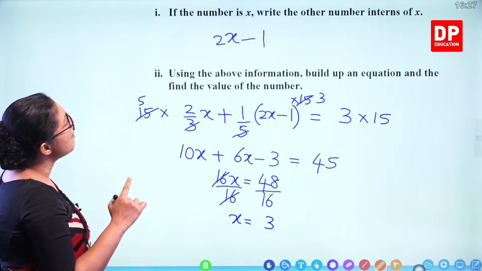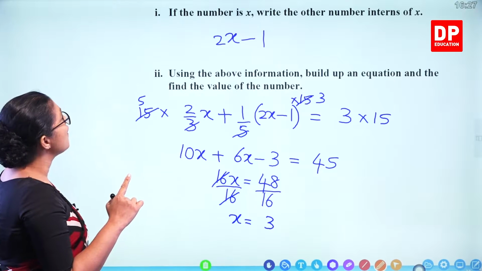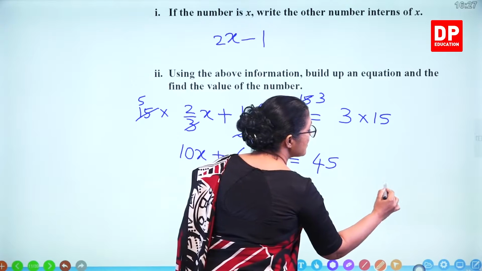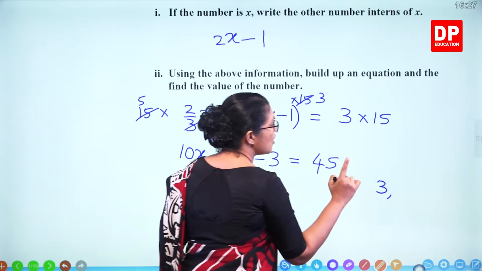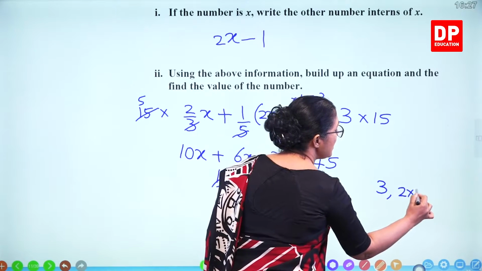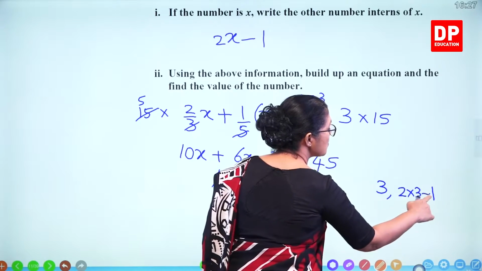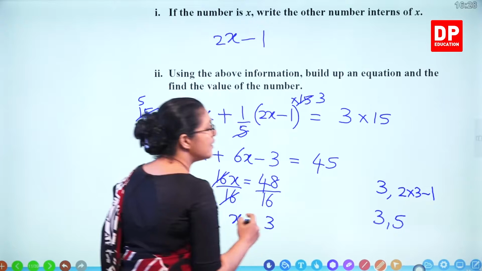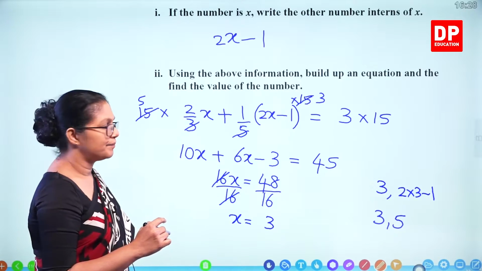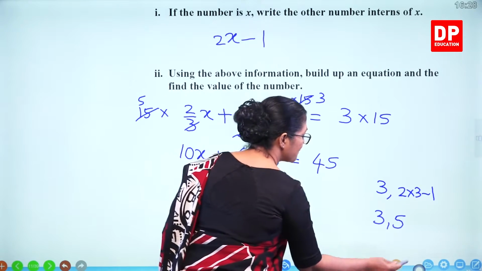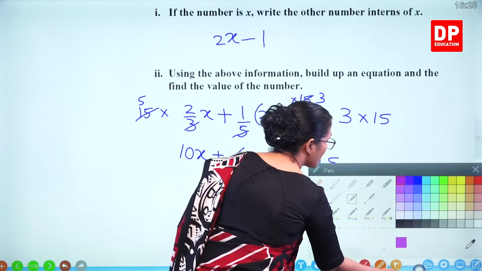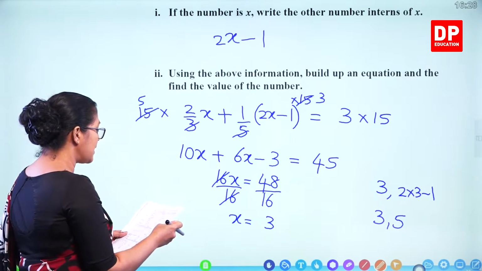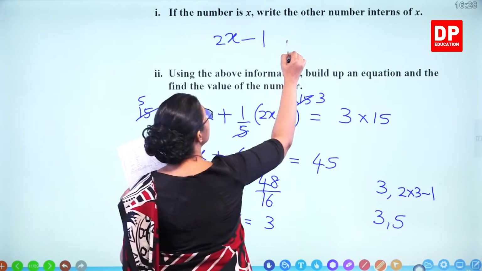So using the above information, build up an equation and find the value of the number. So x is 3. What's the other number? 2 times 3 minus 1. 6 minus 1, 5. So the two numbers are 3 and 5. So how many marks? So you are getting 1 mark for writing down this number.